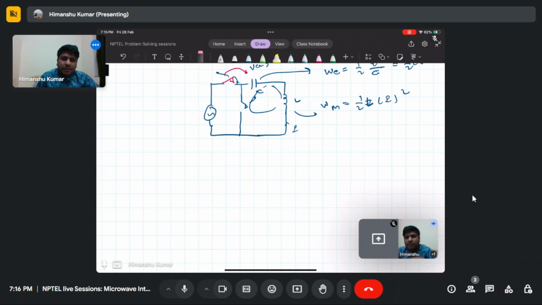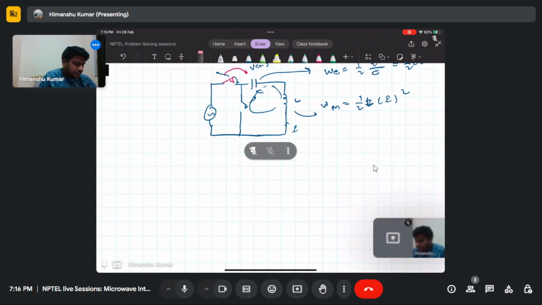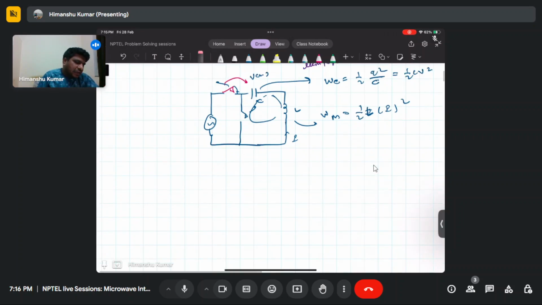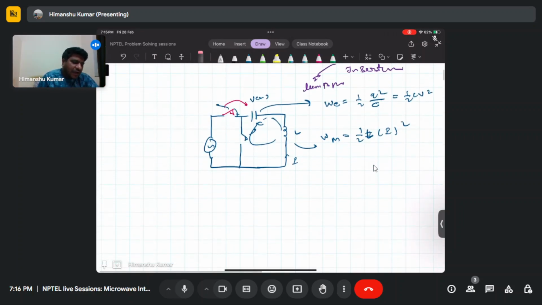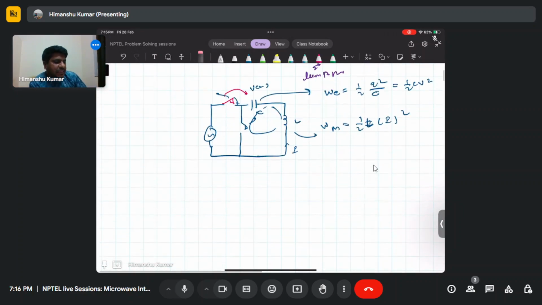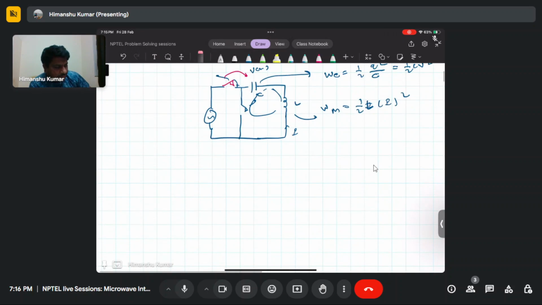So to find this for the simple LC oscillation circuit, you equate the electric energy. The electric energy will be equal to the magnetically stored energy at the resonance.